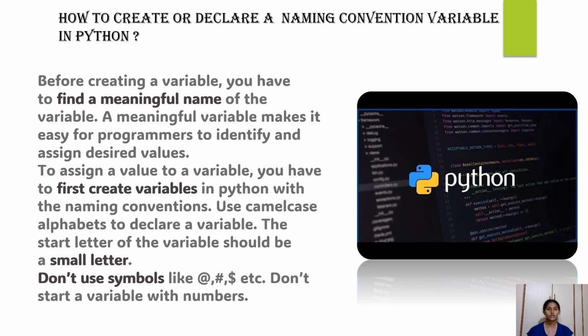To assign a value to a variable, you first create the variable in Python with the naming conventions, using camel case alphabets to declare a variable. The start letter of the variable should be a small letter. Don't use symbols like at, hashtags, and so on. Don't start a variable with numbers. Start with small letters.